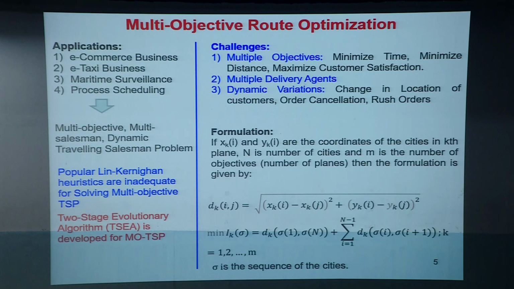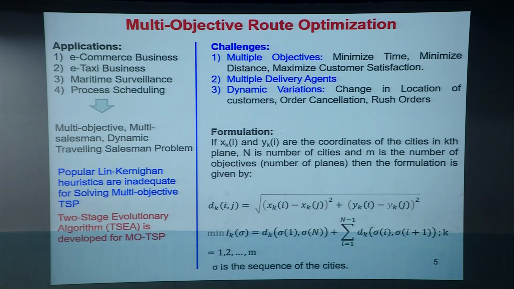So let's look at the formulation of this particular problem. Typically, the location coordinates we know in such problems. Here, x_k_i and y_k_i are the coordinates of the cities in the kth plane. Why am I using this word kth plane? If you are solving a single objective problem, in that case this k is 1.